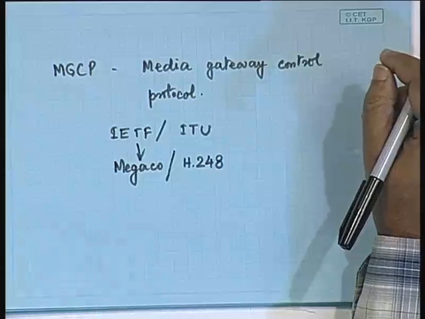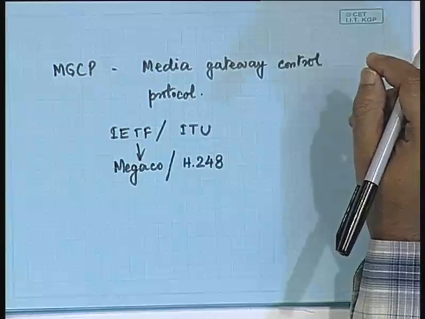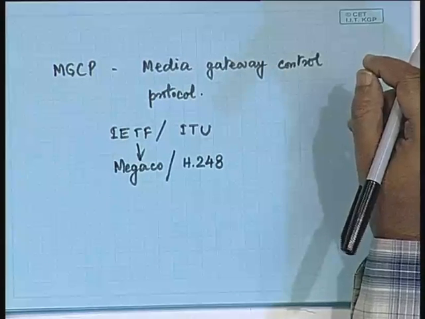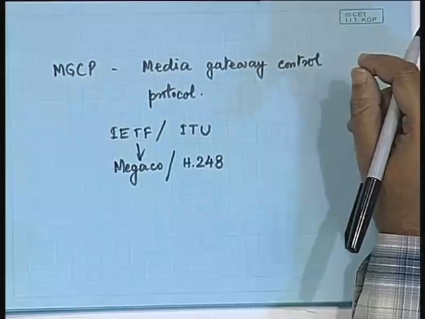So, with the use of the Megaco or the H.248, it was seen that all these limitations could be overcome. Now, that leads to a feeling that only H.323 is not enough.